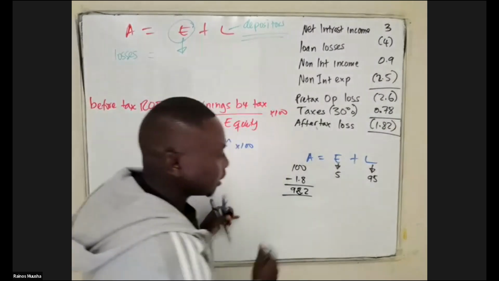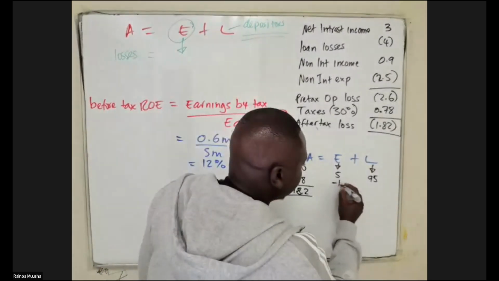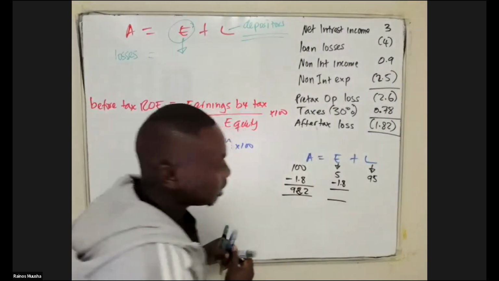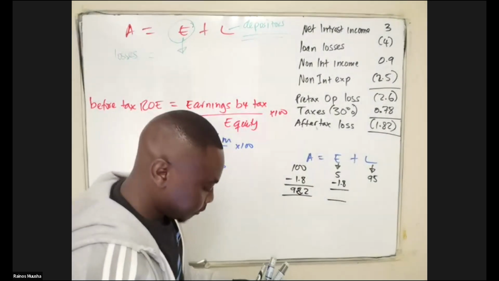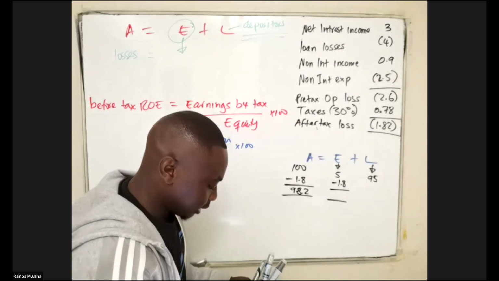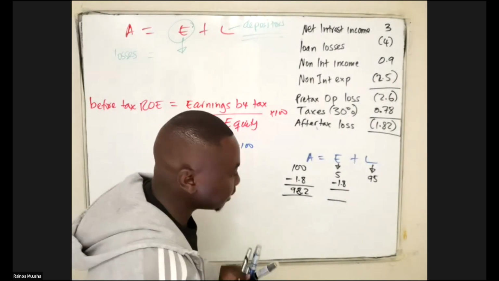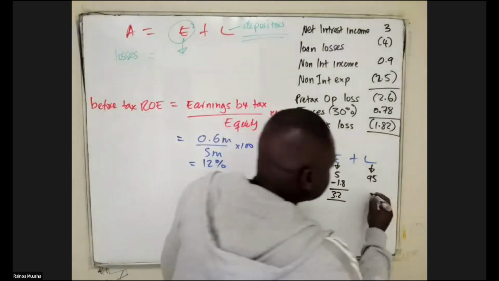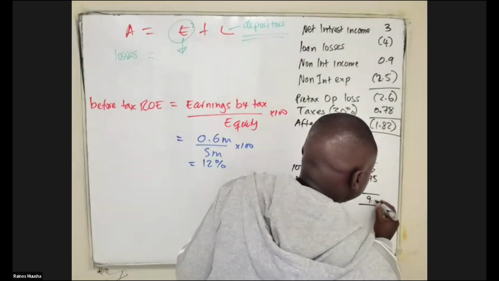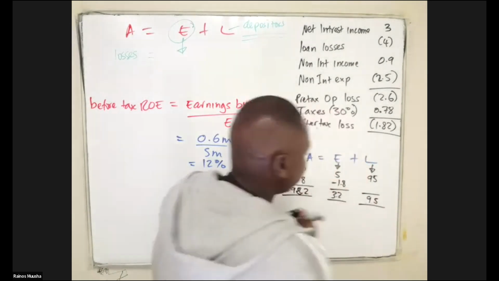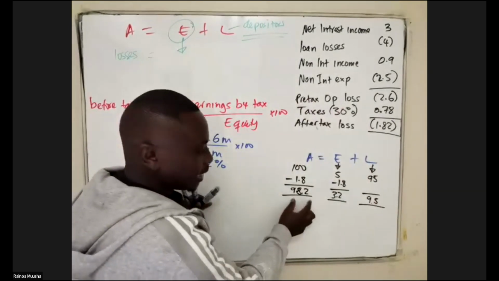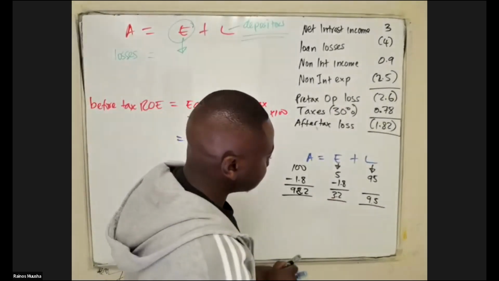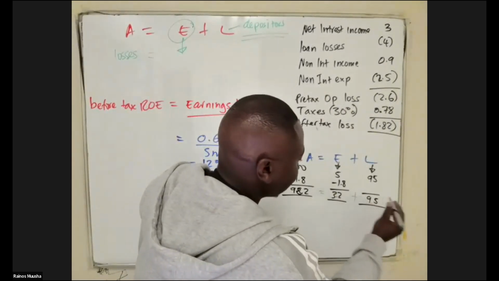And our equity is going to absorb the 1.8 loss, which means our equity is now equal to 5 minus 1.8, so our equity is going to be 3.2 million. And then the liabilities are going to be left untouched at 95 million. So the 98.2 million is going to be equal to the other side of the equation, which is this plus that as well.